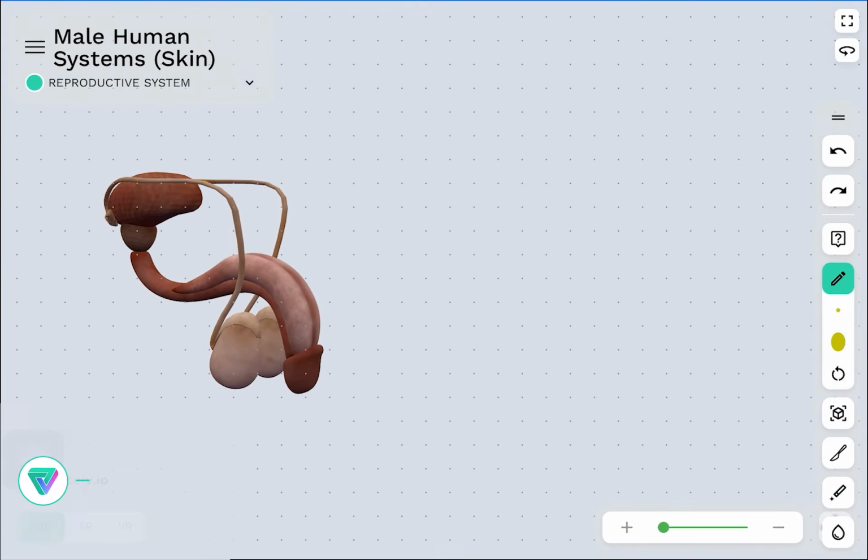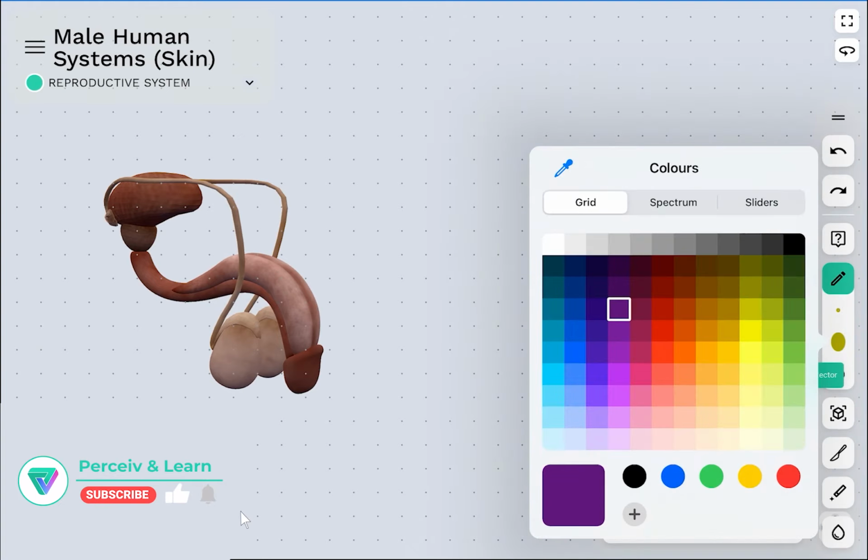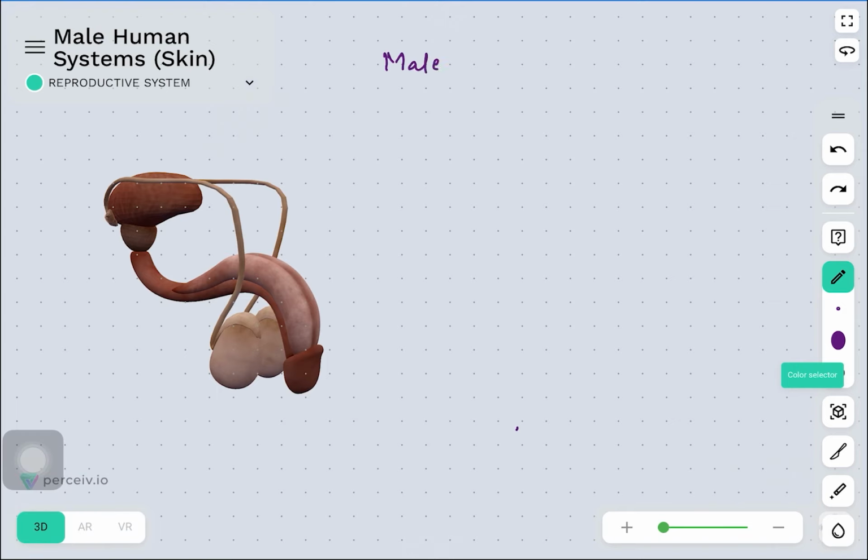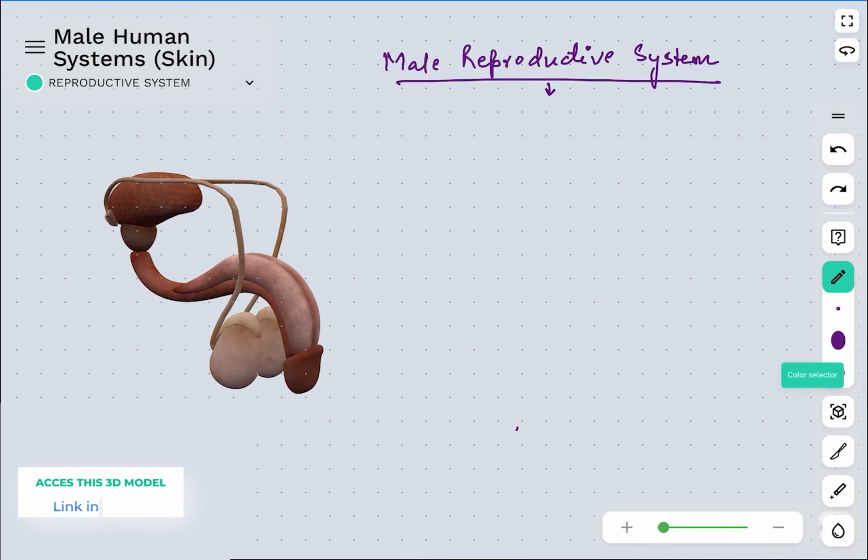If we talk about the male reproductive system, it has four main parts. What are those main parts?